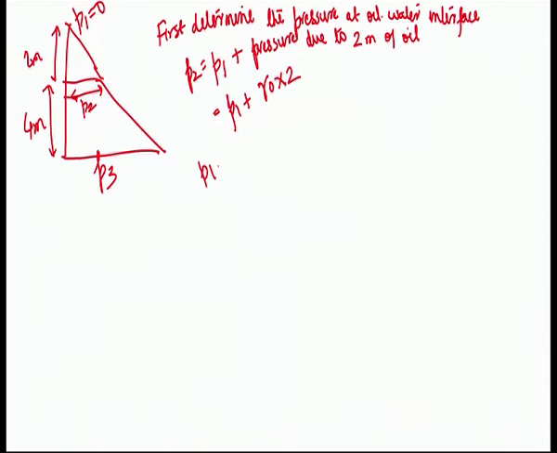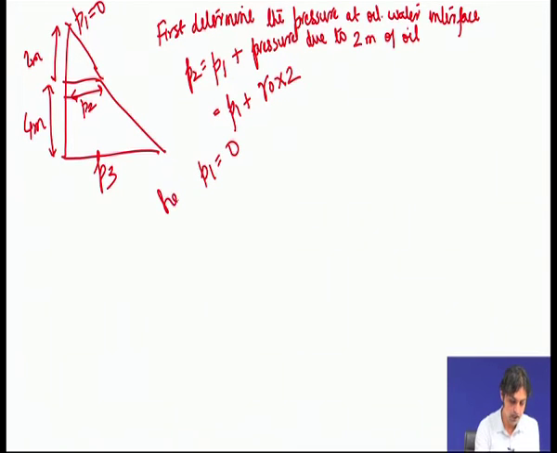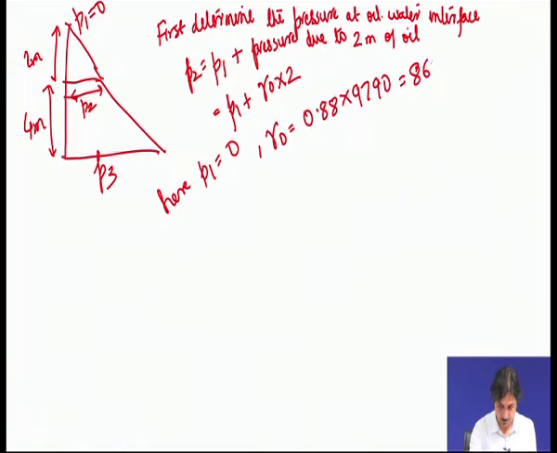Here P1 is equal to 0, right? Whereas gamma naught, which is the specific weight of the oil, it's 0.88 specific gravity into 9790, that is 8615.2 Newton per meter cube, sorry, because this, yeah.